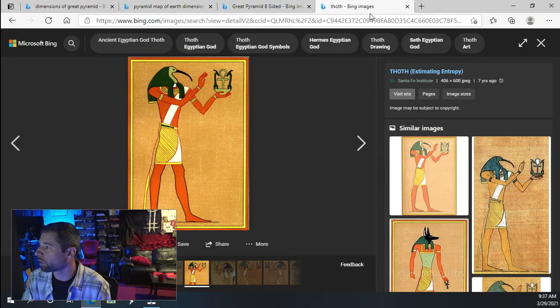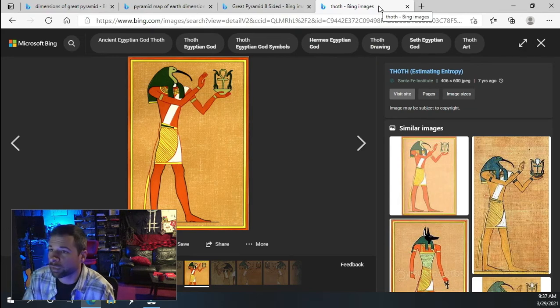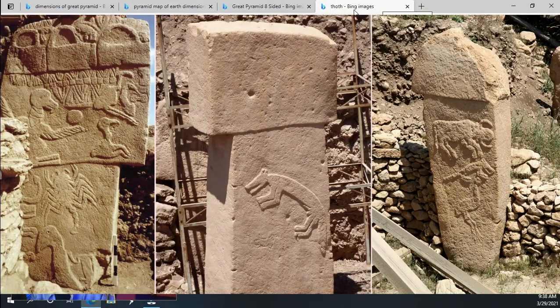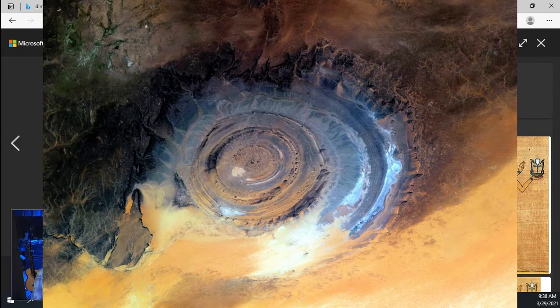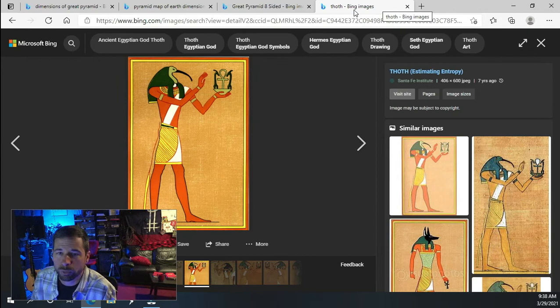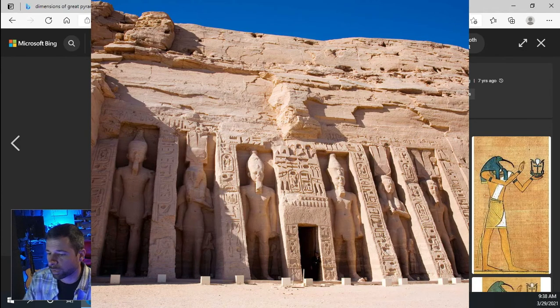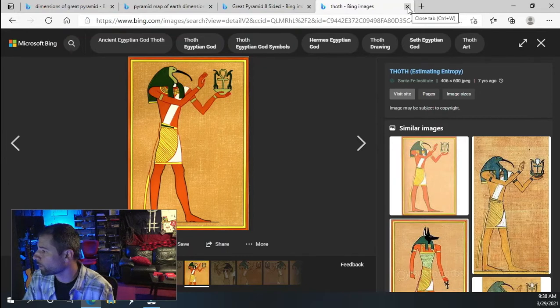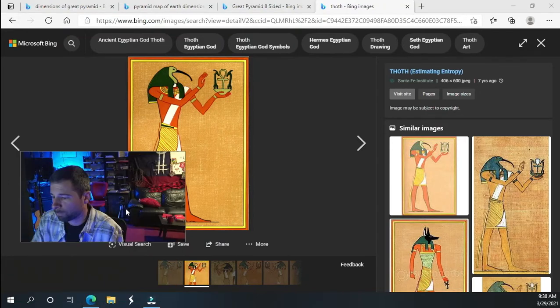But still nonetheless very interesting, and hopefully this opens a lot of eyes as to Egyptians and ancient people in general, those who built Göbekli Tepe, and maybe even speculation of Atlantis and how a lot of these incredible things came to be. They were more in tune with the universe than I think anyone today is, and a lot of this architecture and a lot of their writings show that. That's about all I got for right now.